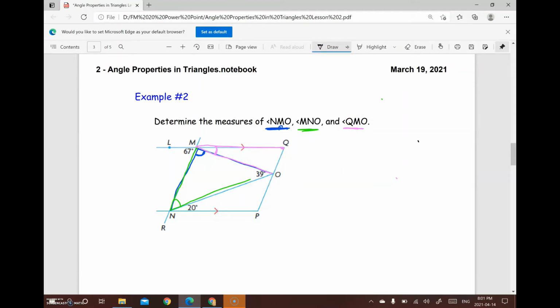All right, so I usually approach a question by solving for any possible angle, even if it's not one that the question is asking me for. So if this angle is 67, I could find M by going 180 subtract 67 degrees. And that should give me 113.